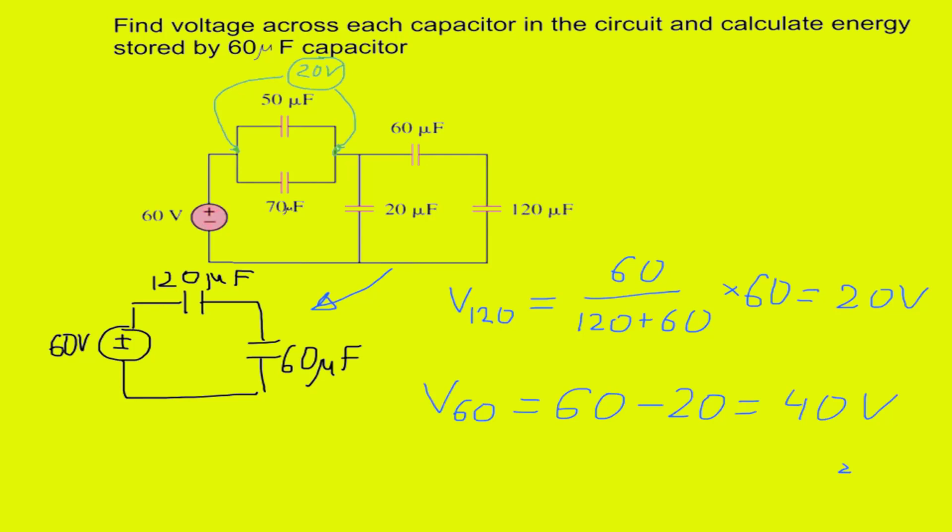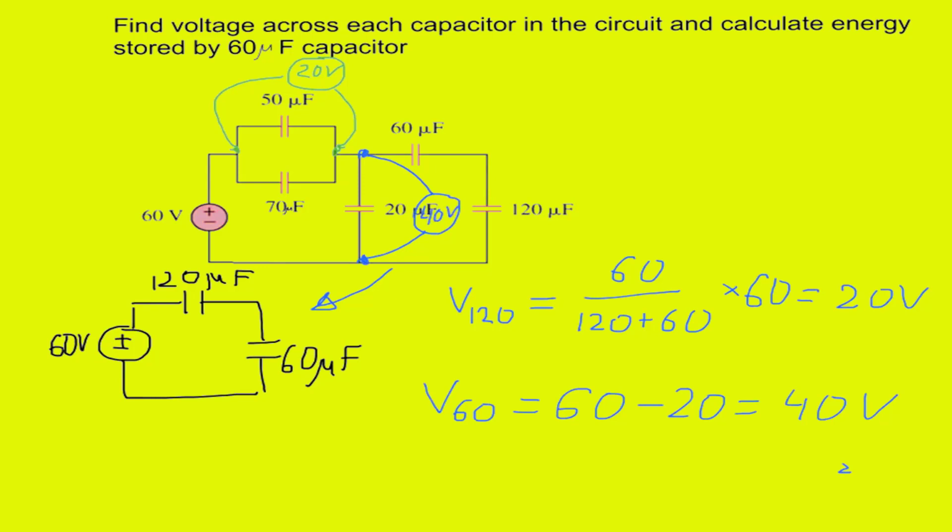And the voltage across the 60 capacitor is the voltage across the second group, all these groups, and that means that the voltage across these 2 points, 2 nodes, and that means that this voltage is 40.